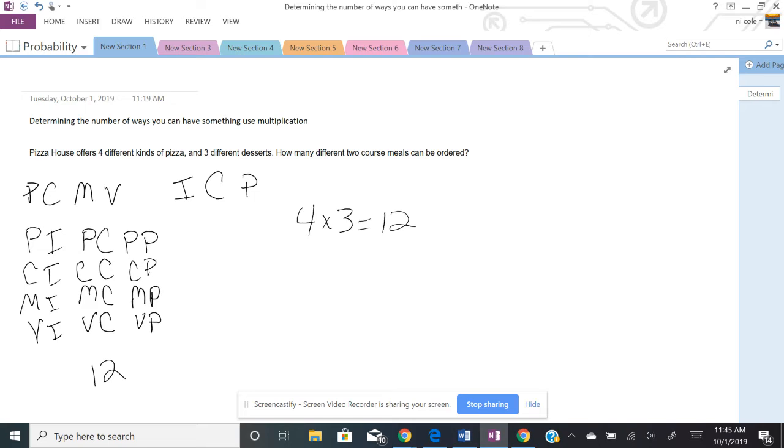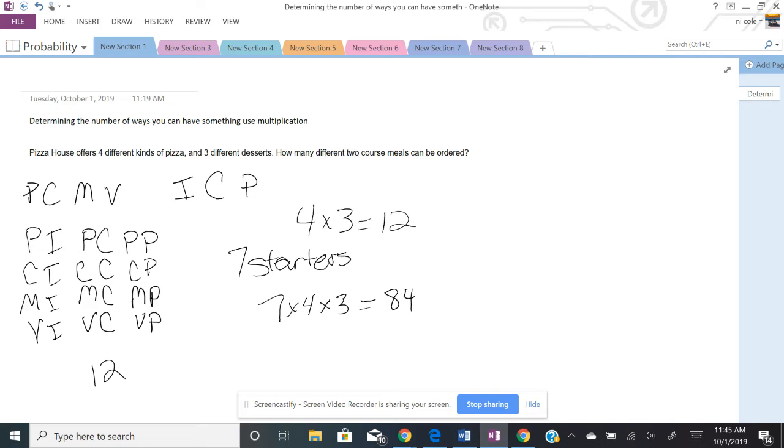So if you had a starter along with the 4 pizzas and dessert, let's say we had 7 starters. I would be able to do 7 times 4 times 3, which would then give me 84, I think, possible outcomes.